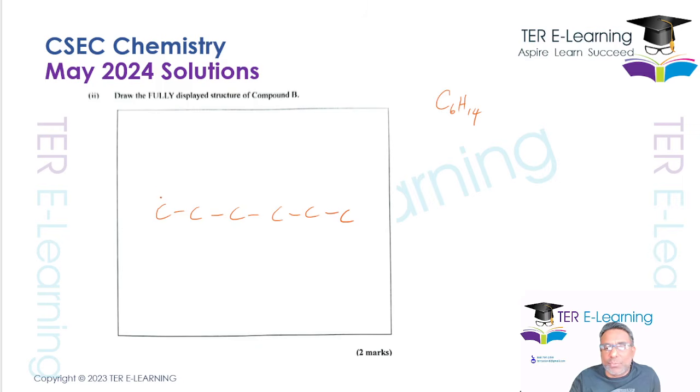So that's 1, 2, 3, 4, 5, 6. Right, so that's part 2.